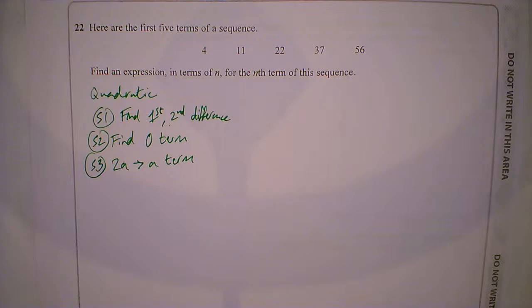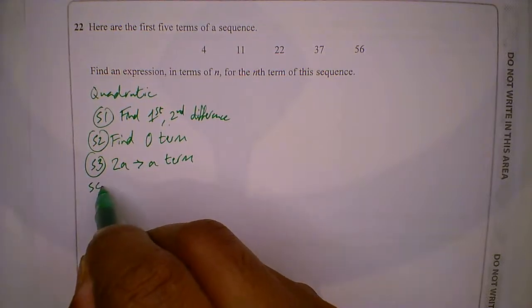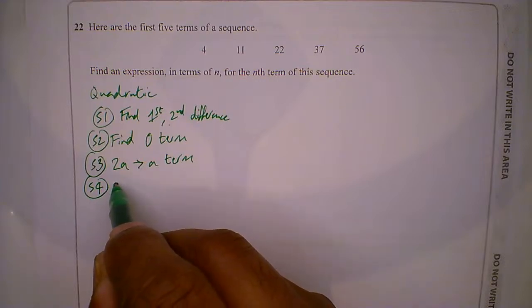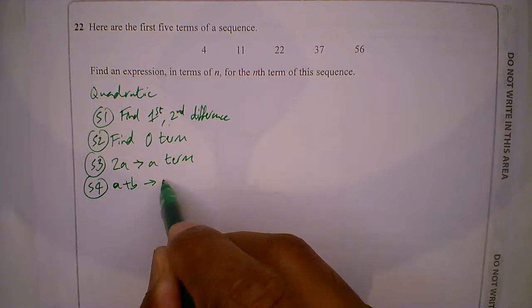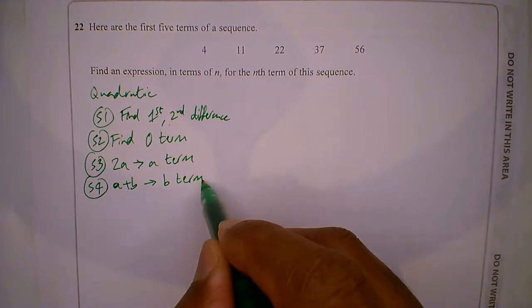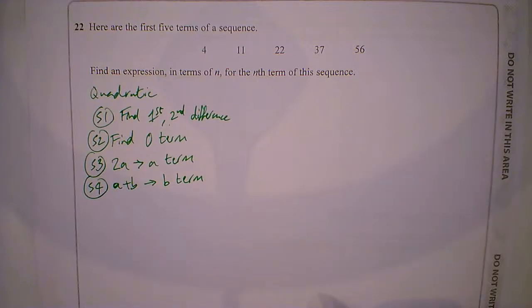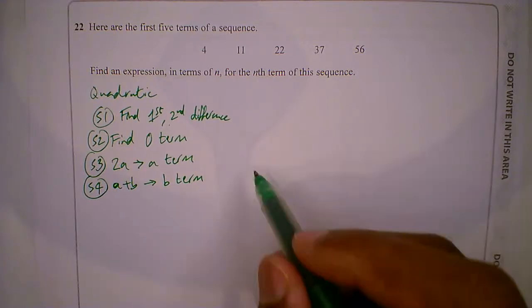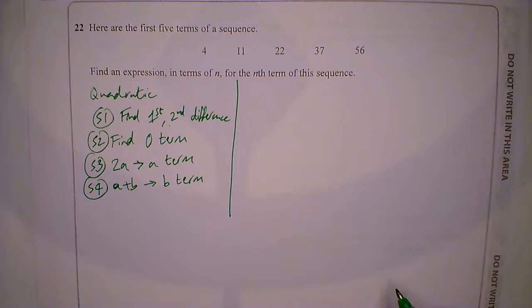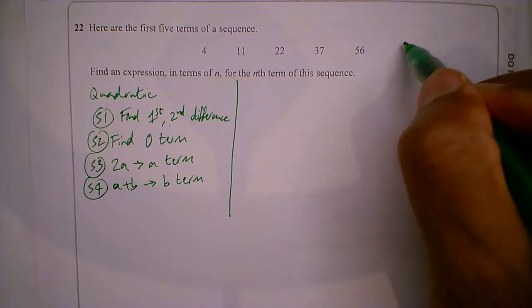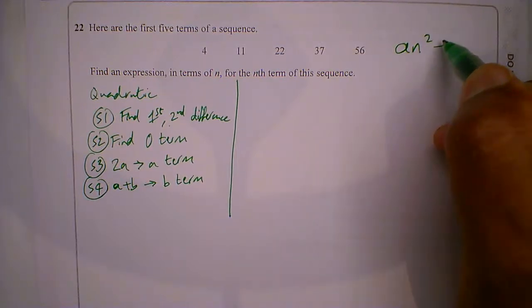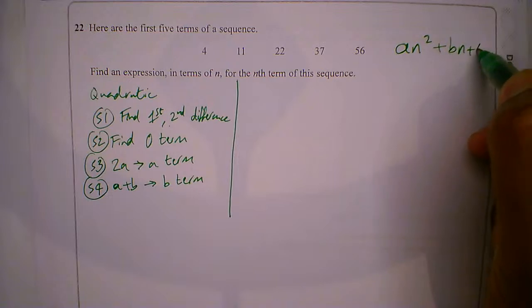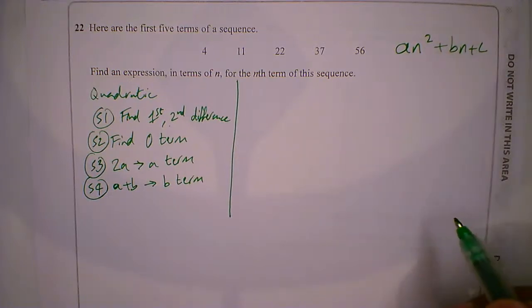And then step 4 is the a plus b to find the b term. I find that this is my easiest way. So a quadratic sequence is of the form an squared plus bn plus c. So that's what it will look like.